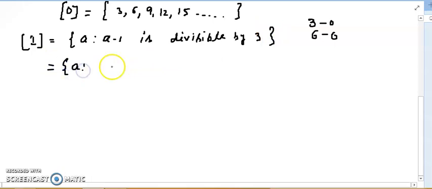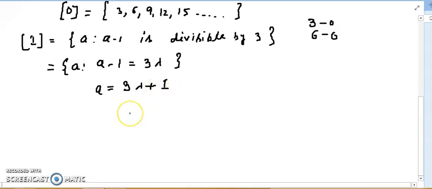Same thing you have to do: a minus 1 equal to 3 lambda, because this is divisible by 3. That's why you are taking 3 lambda. So your a equal to 3 lambda plus 1.